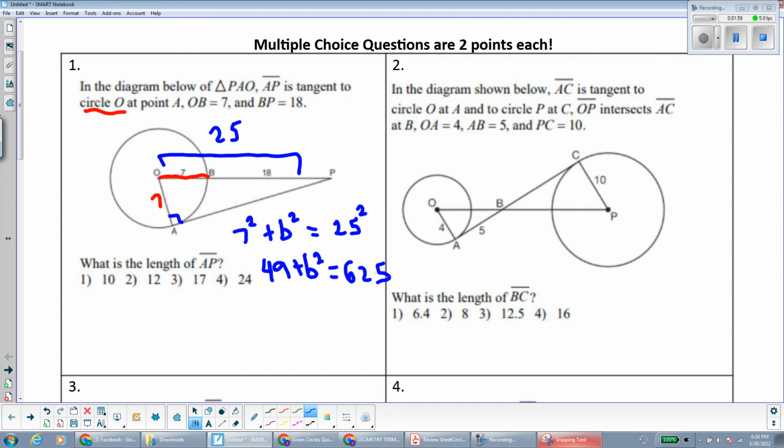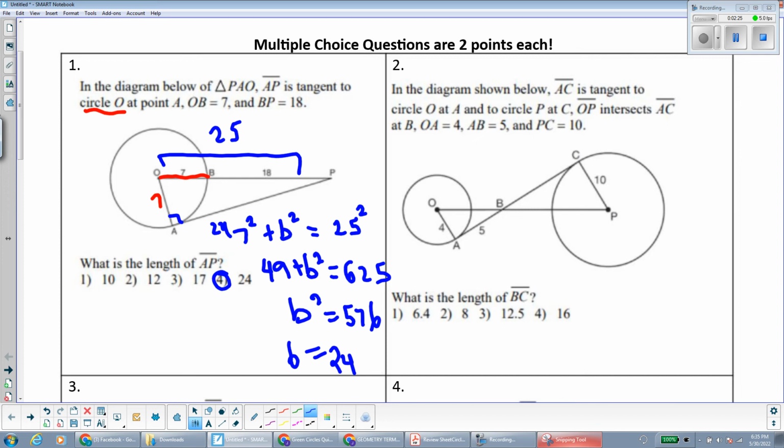We're going to subtract 49 from both sides, and I get 576. Let me take the square root of that in my calculator, and I get that b is equal to 24. And that represents the missing side of the right triangle, which is AP, which is what we were looking for. It is 24.